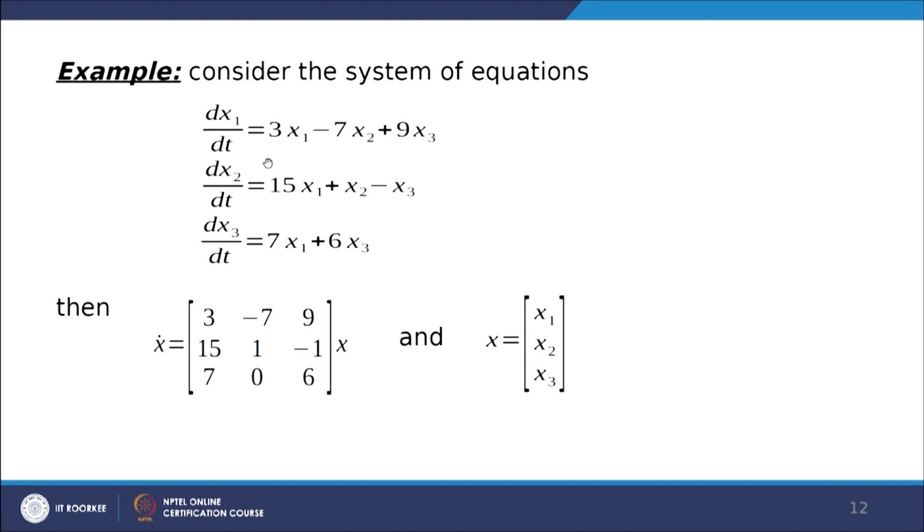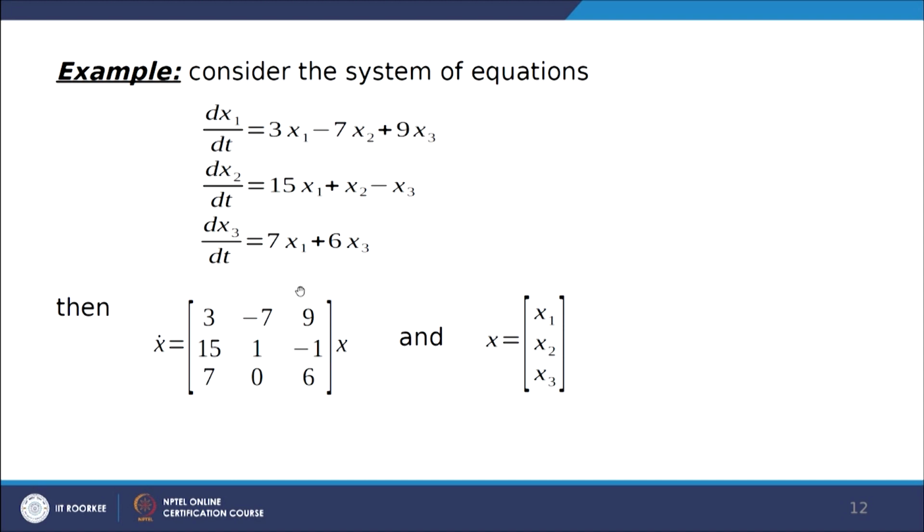So, the matrix A will be: first row 3, minus 7, 9; second row 15, 1, minus 1; and third row 7, which is the coefficient of x1, then the coefficient of x2 which is 0, and then the coefficient of x3 which is 6, multiplied by the vector x, which is x1, x2, x3.